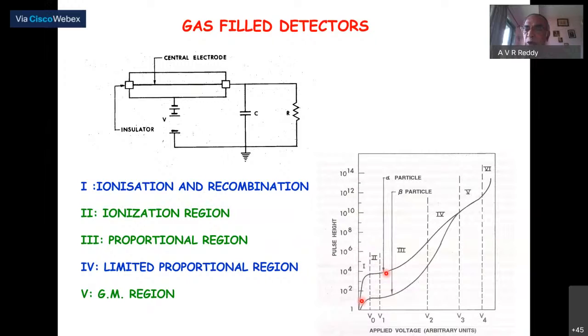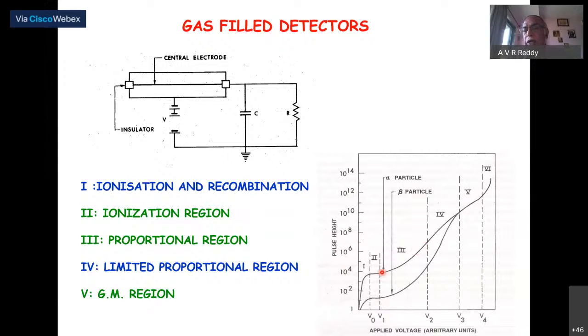Now let us see only this curve, which is for alpha. The beta curve I will explain later when we go to the GM counter. So what happens is, with the increase in applied voltage, the pulse height starts increasing. A stage will come in this region, that is between V1 and V2.